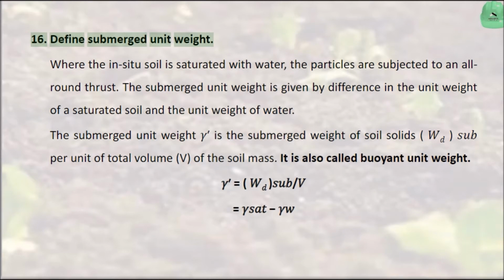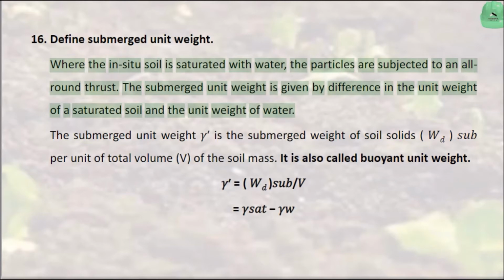Define submerged unit weight. Where the in situ soil is saturated with water, the particles are subjected to an all-round thrust. The submerged unit weight is given by the difference in the unit weight of a saturated soil and the unit weight of water.